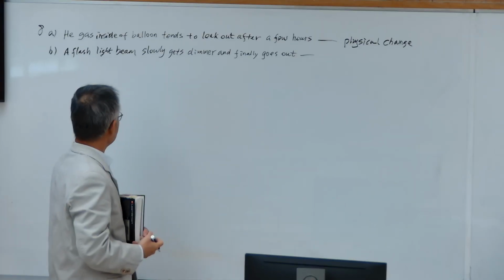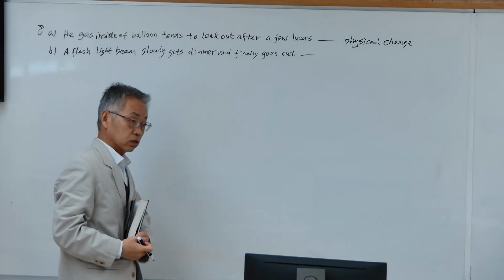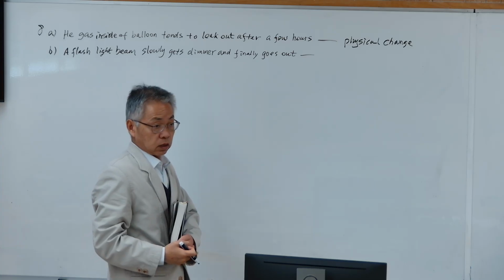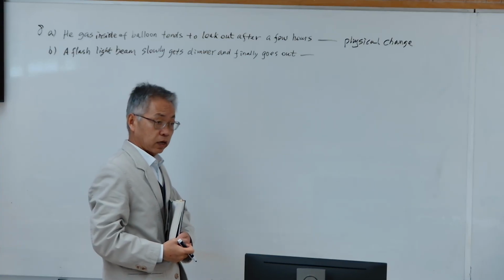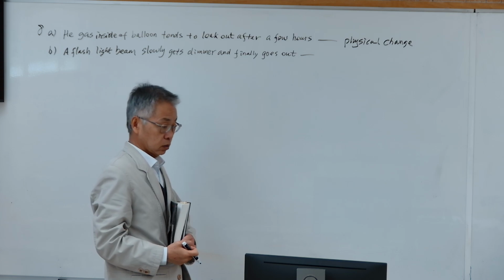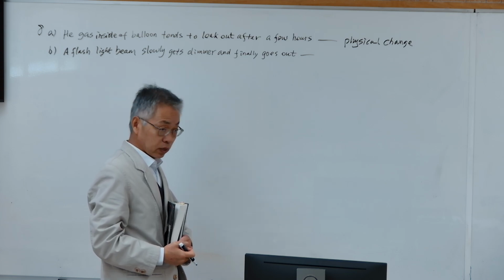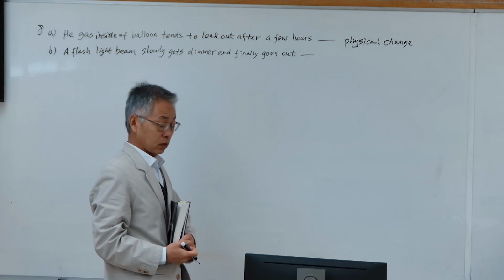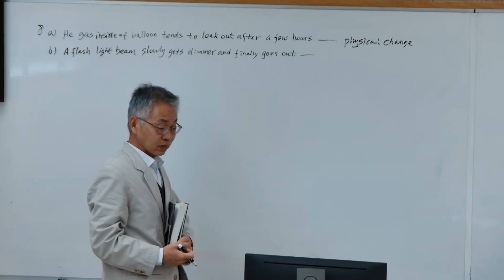This flashlight beam at first is very bright, and after a long time becomes dimmer, then finally goes out because the battery inside the flashlight is dead.